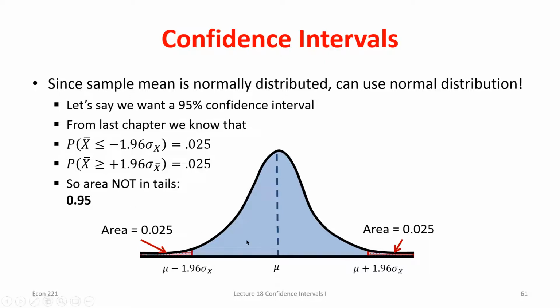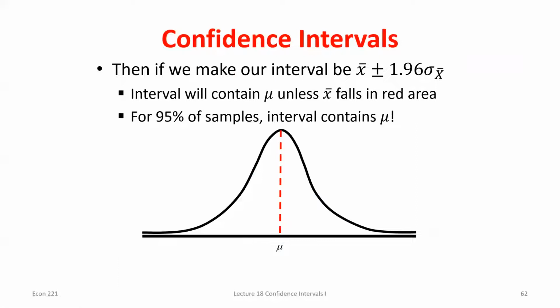So what ends up being true is that if I take my sample, and we'll use the sample mean in this case, if I see a sample mean that's right here, and I build my confidence interval around that sample mean by going 1.96 standard deviations above and below it, I'm guaranteed that that confidence interval includes the population mean, because if it's not more than 1.96 standard deviations below, then when I add 1.96 standard deviations to that sample mean, it'll go back past the population mean.